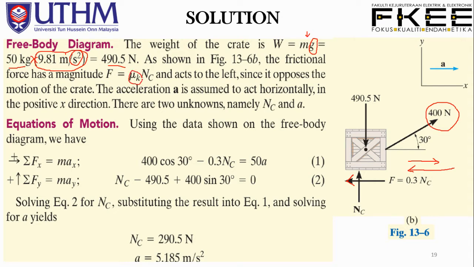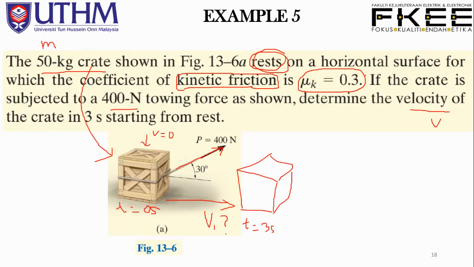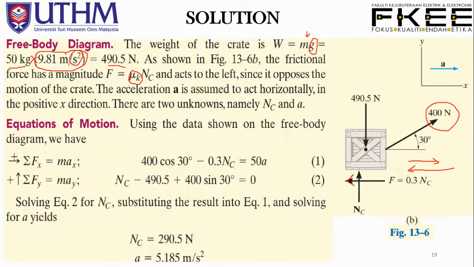So the magnitude is F equal to mu k N C. Mu k over here is given in the question as 0.3, so substitute into this value. So you get F equal to 0.3 N C, to the left, since it opposes the motion of the crate.